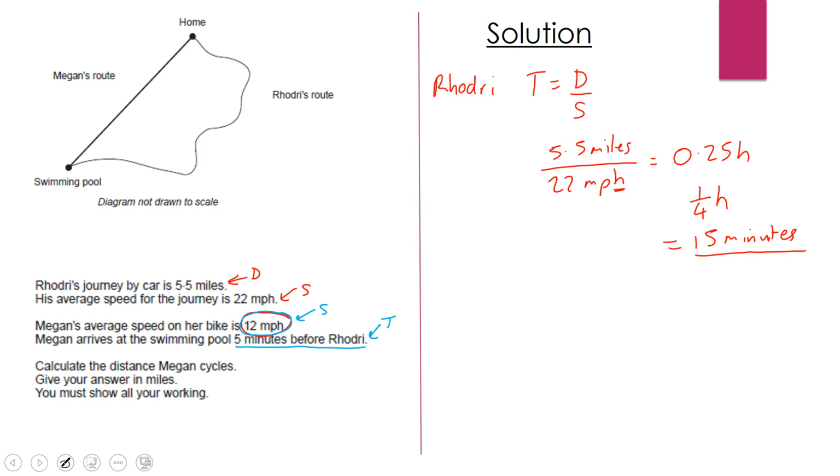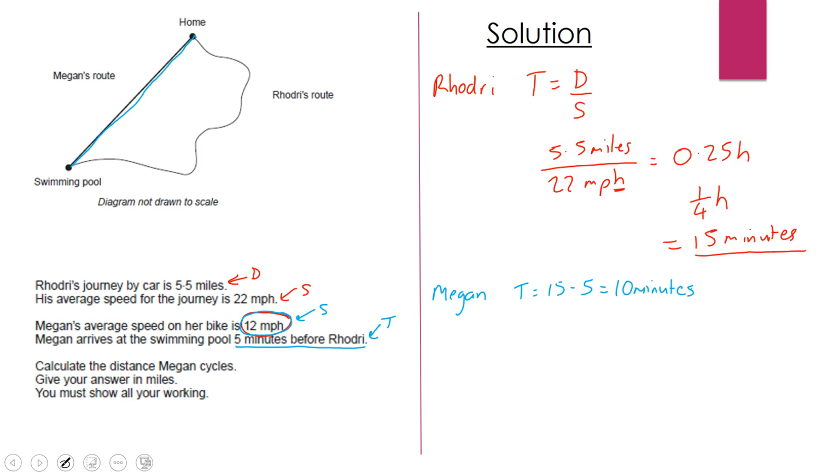Now we've just worked out that Rodri has taken 15 minutes to do his journey. So if Megan arrives 5 minutes before, then we can say that Megan's time was 15 minus 5, which is 10. So Megan took 10 minutes to cycle from her home in a straight line to the swimming pool.